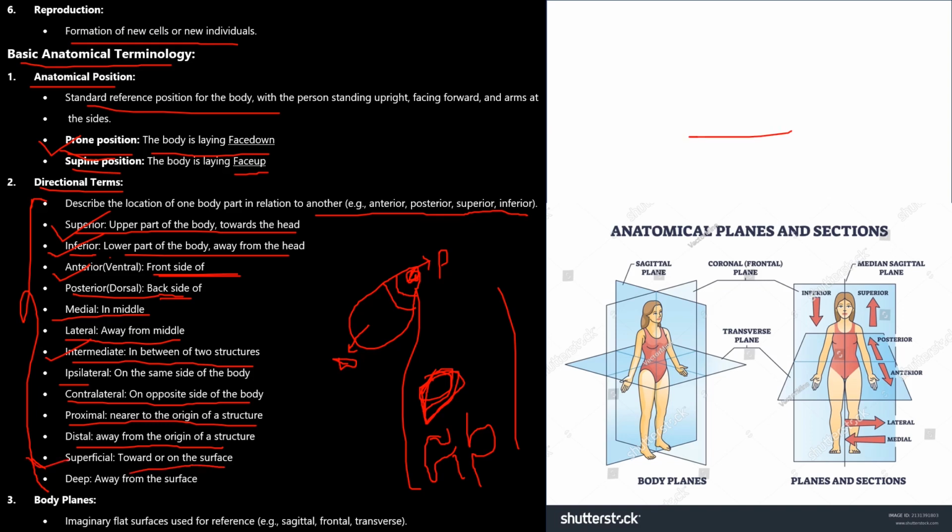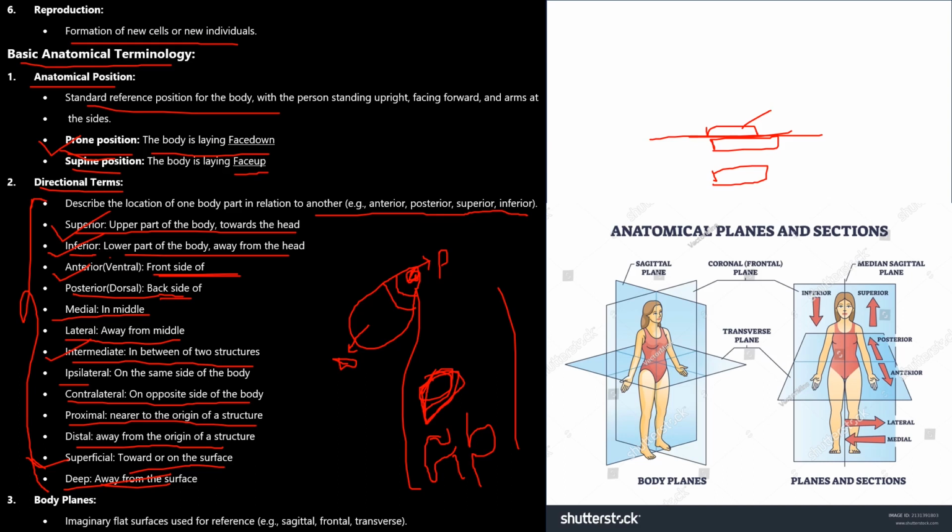If something is present on the surface, then this is the superficial position. And deep, away from the surface. If something is placed below the surface, you can say deep. So these are the basic anatomical terminologies you have to remember.